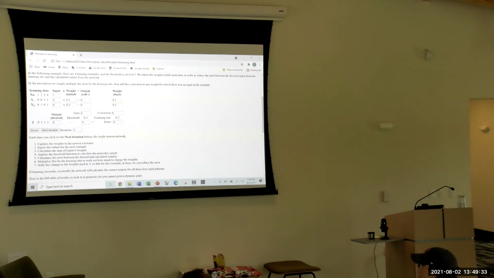We're going to take the X1 value times the weight, which is 0.1, and that gives 0, and X2 is 0 times the weight is 0. Well, the sum there is 0, the threshold is 0.5, the sum is less than 0.5, so it outputs a 0. And that's the right answer. That's what we wanted to get. So there's no error. Okay, we don't do anything.